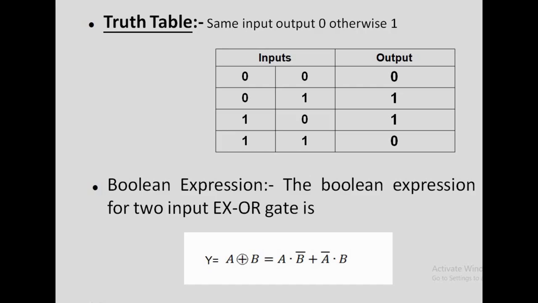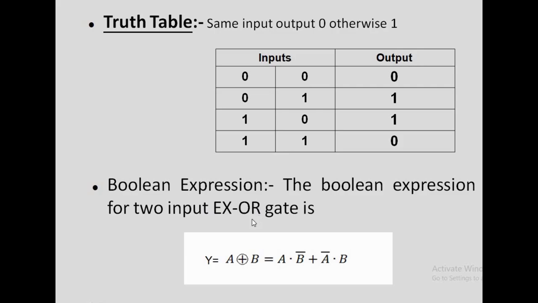Truth table for XOR gate. There are two inputs, so possible combinations are 4: 0 0, 0 1, 1 0, 1 1. So when inputs are different, then output is 1. That means when an odd number of inputs are high, then output is 1, otherwise 0.